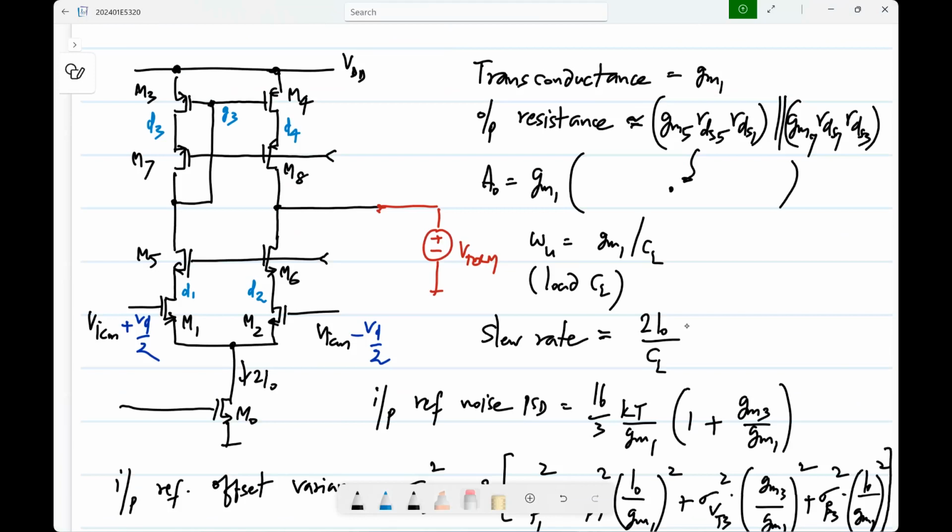Why? What was the conductance there when we didn't have a cascode in the simple case? 1 by GM3. GM3 is the conductance. What will it be now? GM? Why?